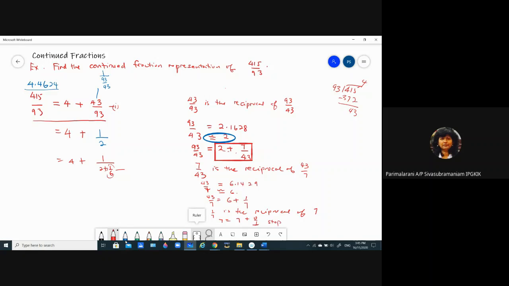We can stop here. So this is also equal to 4 plus 1 over 2 plus, instead of just writing 6, we write 6 plus 1 over 7. But 1 over 7 is the reciprocal of 7. So we stop here.